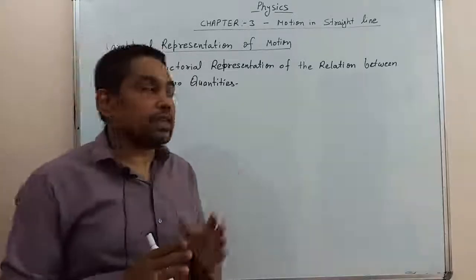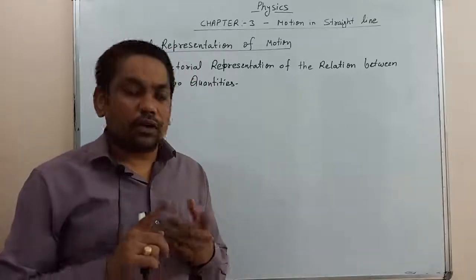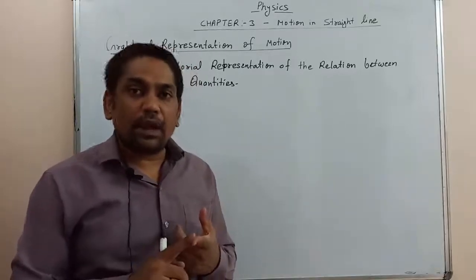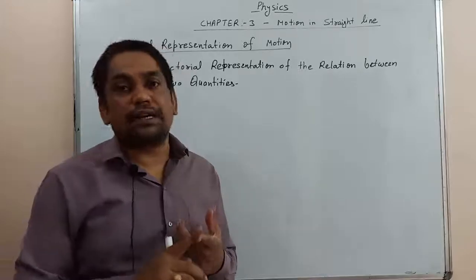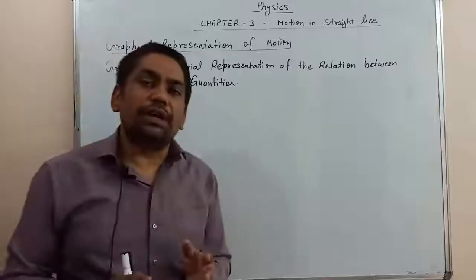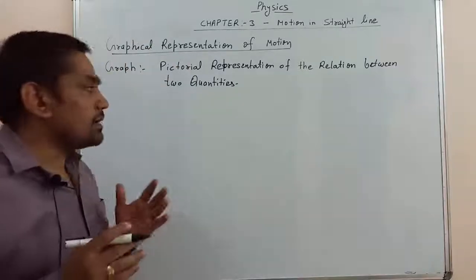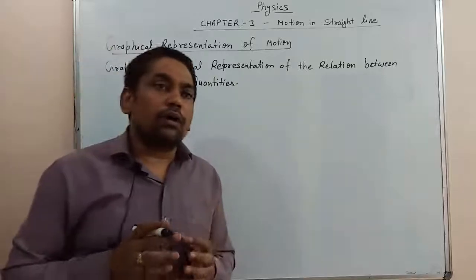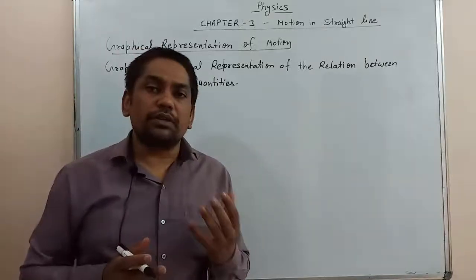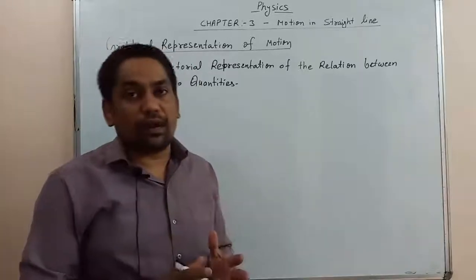So in physics, in motion in a straight line, we are going to relate displacement and time, velocity and time, and acceleration and time. These are the physical quantities which we want to relate with time. Generally, the question asked in graphical representation is to draw a graph.